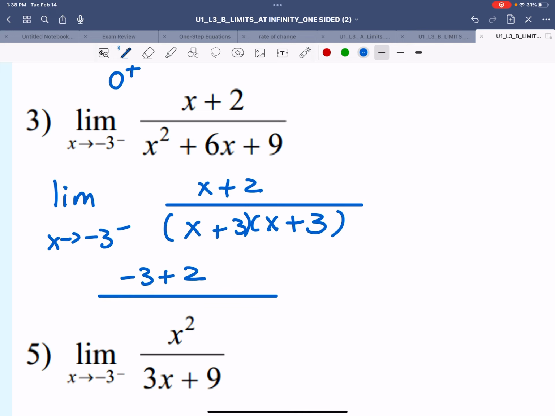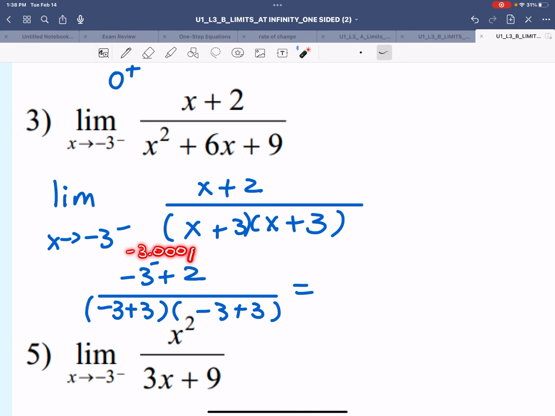In the denominator, we have negative 3 plus 3 times negative 3 plus 3. Now remember that this would be negative 3 from the left-hand side. So you can imagine the number negative 3.0001. So negative 3.0001 plus 2 would be about negative 1, on the left side of negative 1. But the point is that this will be a constant negative number, right?